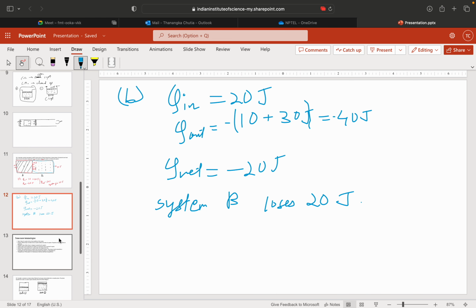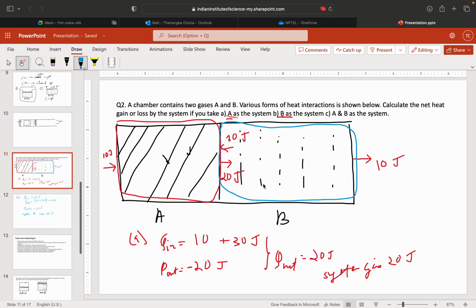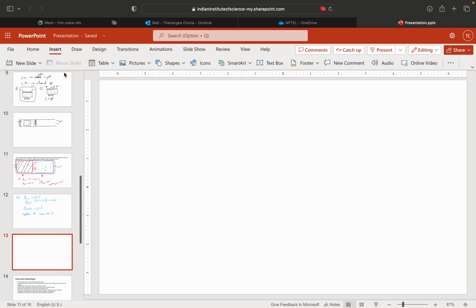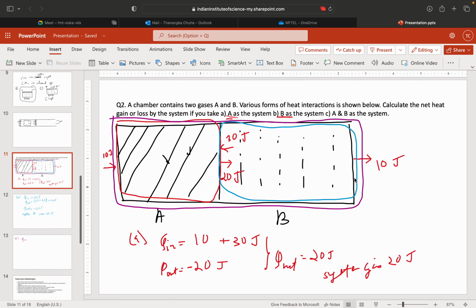Okay, now the third part is that you consider A and B entirely as a system. If I consider A and B together as a system, let me change this color. I'm taking this purple color as my entire system, A and B together. Now for the part C, for Q in, you just have to focus on the boundary. Inside only this 10 joule is coming.